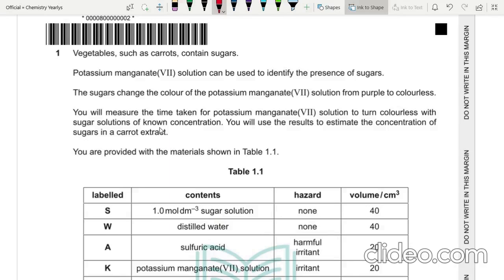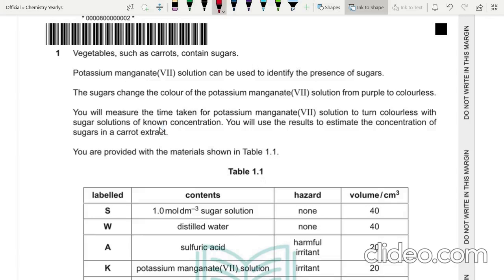The sugars change the color of the potassium permanganate solution from purple to colorless. You will measure the time taken for potassium permanganate solution to turn colorless with sugar solution of known concentration. You will use the result to estimate the concentration of sugar in a carrot extract. You are provided with the material shown in table 1.1.